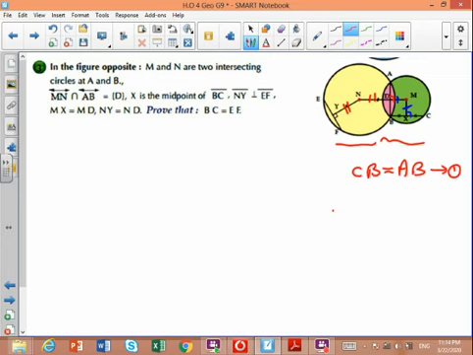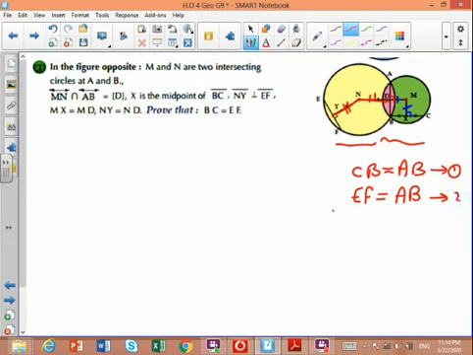Okay, this is number one. Let's move to circle N. What I have in circle N is that ND is perpendicular to AB, and I have ND equal to NY, and also NY perpendicular to EF, this is a given. So, since ND is perpendicular to AB, and AB is a chord in the circle, and NY is perpendicular to EF, also a chord in the circle, and they are at equidistance from the center, so EF will be equal to AB also.